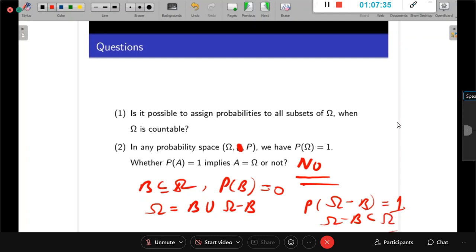That's what you are saying. Yes, so I'm asking whether omega minus B is exhaustive or not. But why is it required to be exhaustive? Omega minus B means you can always take a difference with the set omega. If B is a subset of omega it is still valid, and even if B is not a subset of omega. What is the meaning of omega minus B? You are just deleting the entries which match with B.